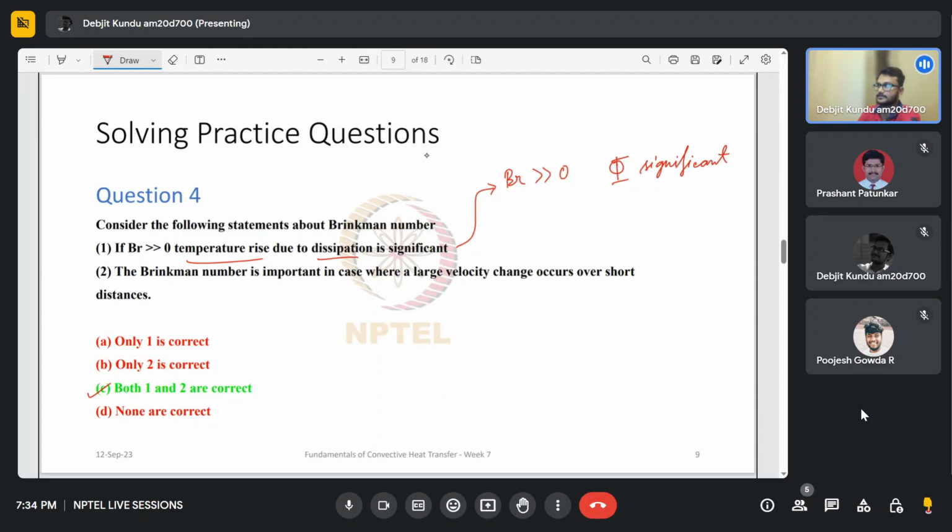And the second statement says that the Brinkman number is important in a case where large velocity change occurs over short distances. So why is that? Because if you look at this dissipation coefficient, this is equal to mu into, let's say, (∂u/∂y) whole squared. So if this gradient is large, which occurs in a case where there is a huge velocity change over a very short distance.